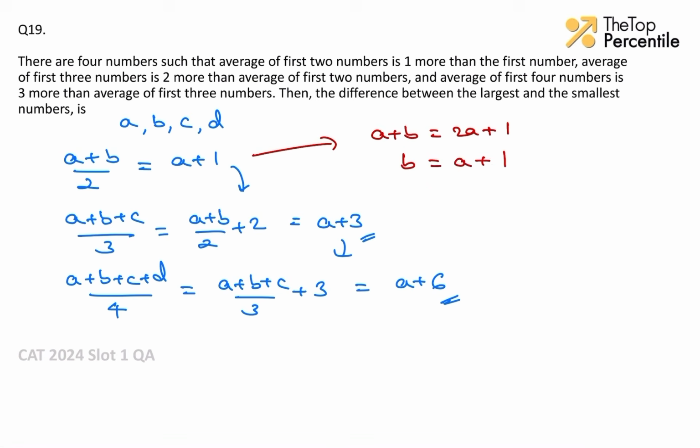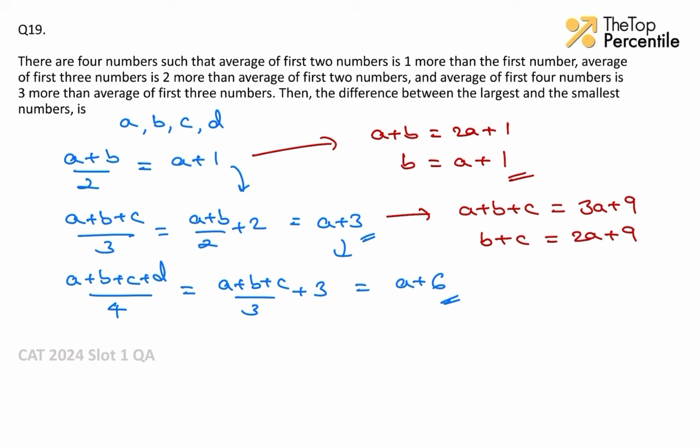So I have one equation here. Second, let me take this one. So this will give me A plus B plus C is equal to 3A plus 9. And on further simplifying this, I'll get B plus C as 2A plus 9.